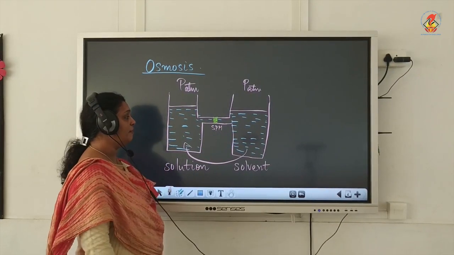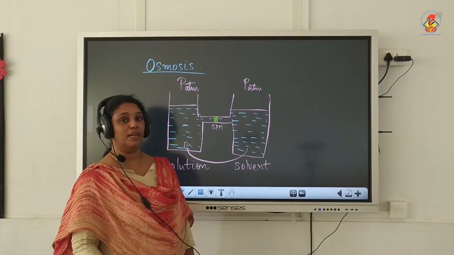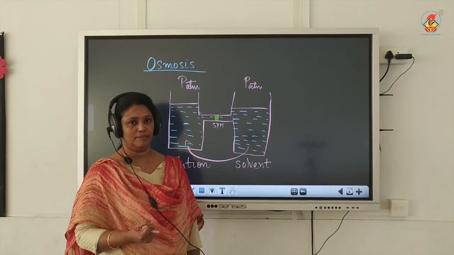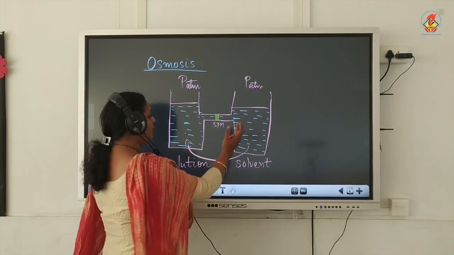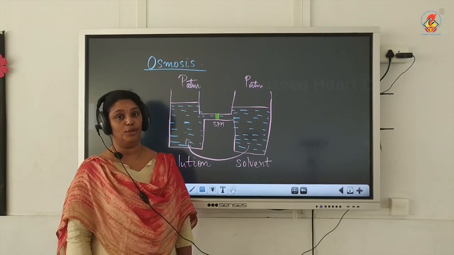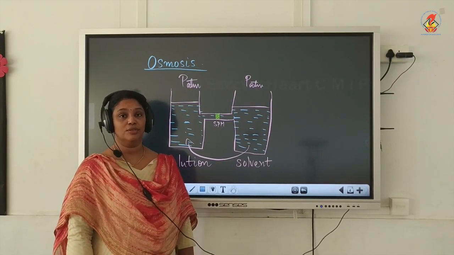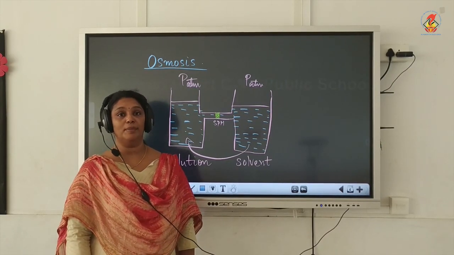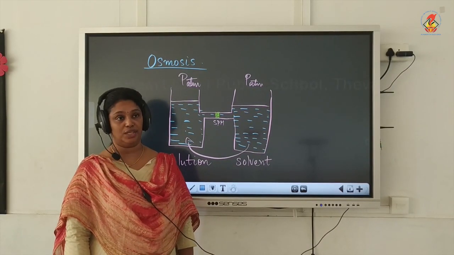The semi-permeable membrane is made up of thin sheets with micropores. So only solvent molecules will pass through this semi-permeable membrane. It will not allow solute molecules to pass through it. So osmosis is the flow of solvent molecules through a semi-permeable membrane to the solution.